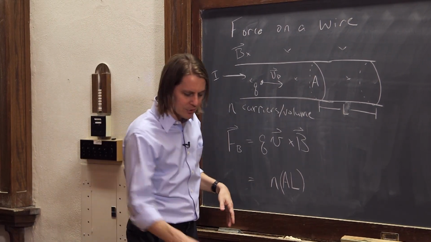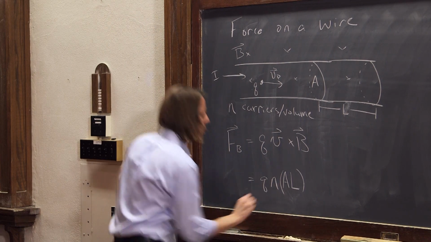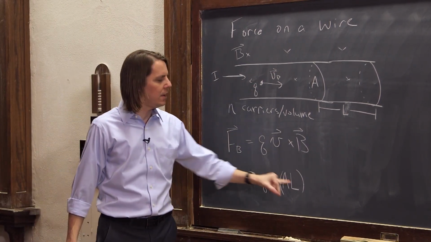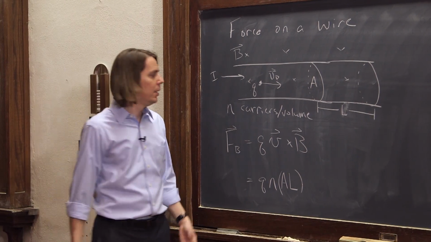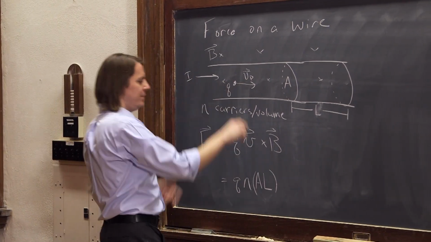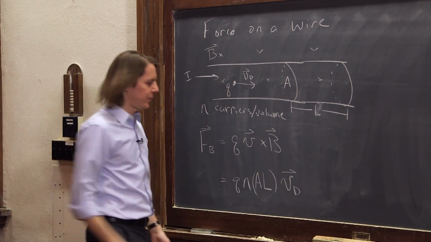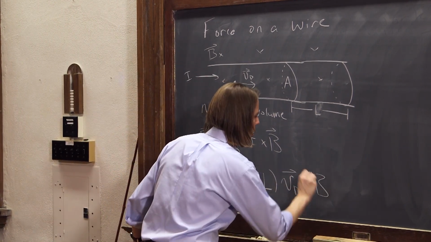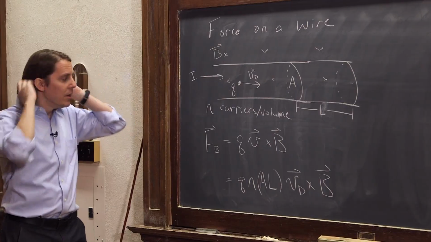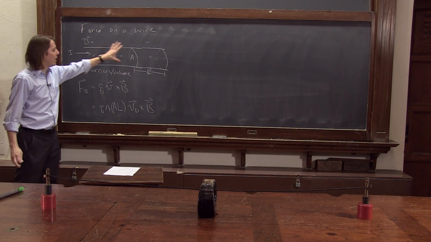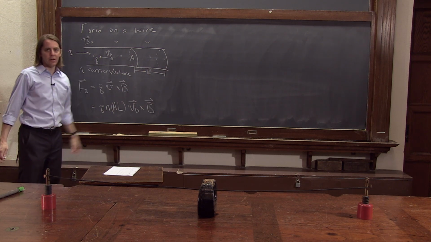And each one of them has a charge Q. So we put a Q here. So instead of just Q for a single charge, it's QNAL for all the charges. The velocity, they're all moving at Vd. And the magnetic field is the same, cross B. So that's how you would represent the force, the total force on the wire for a length L.